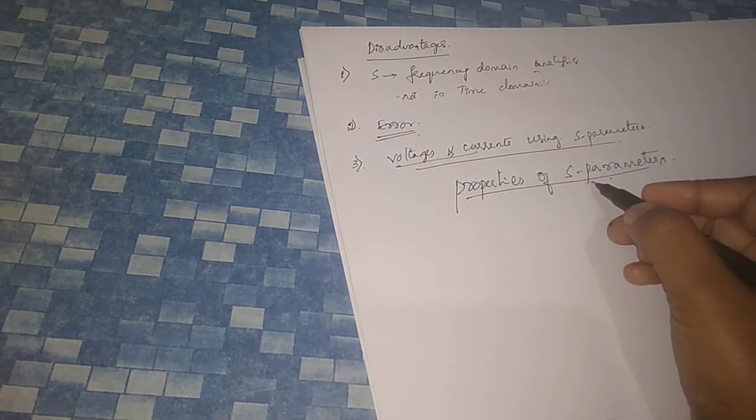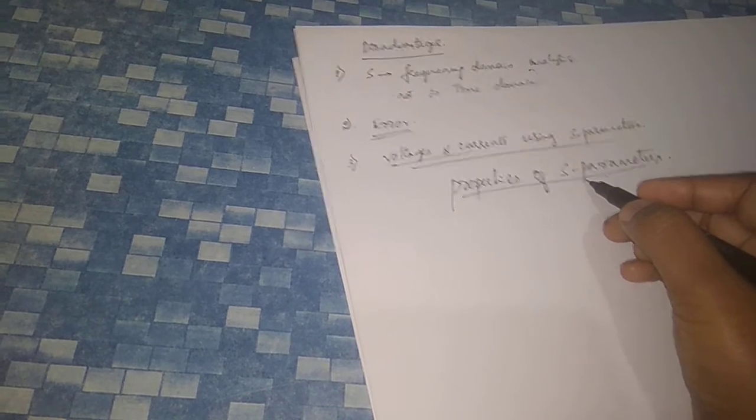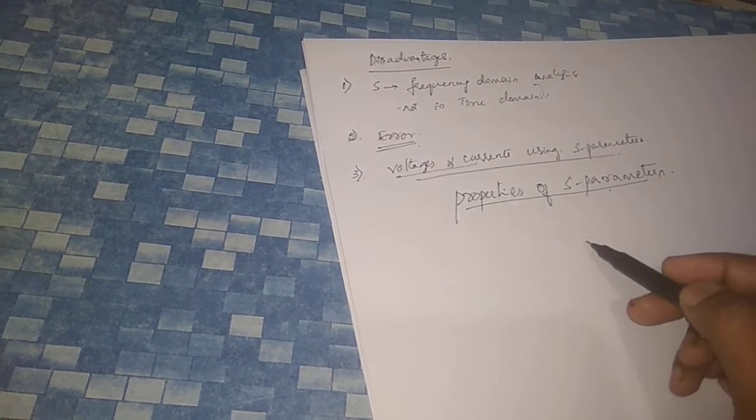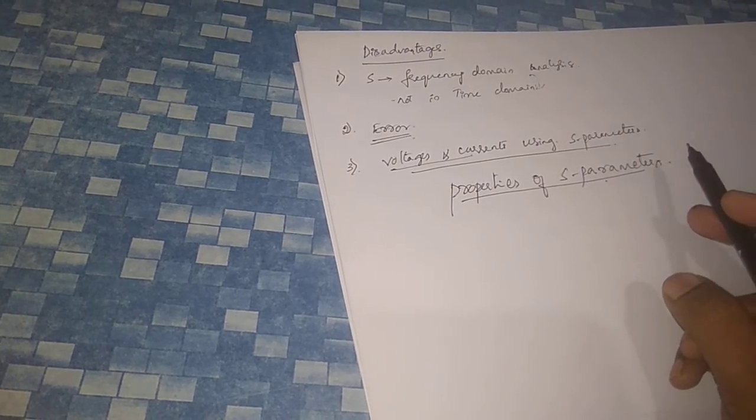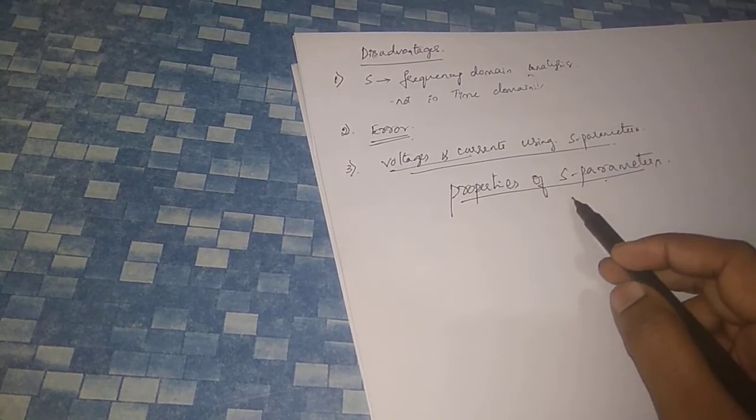So these S parameters are a square matrix which gives all the combinations of the power relationship between the various input and the output ports of the microwave junction.